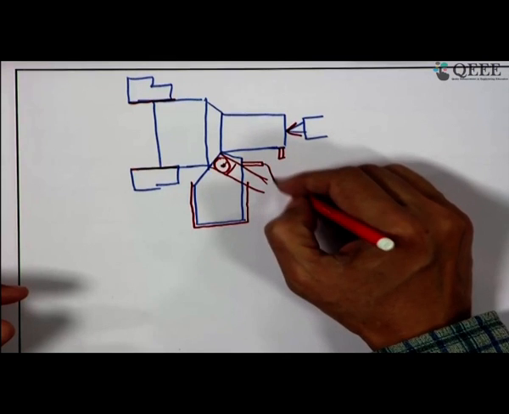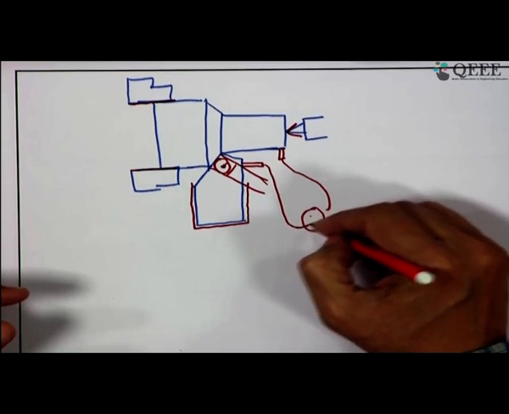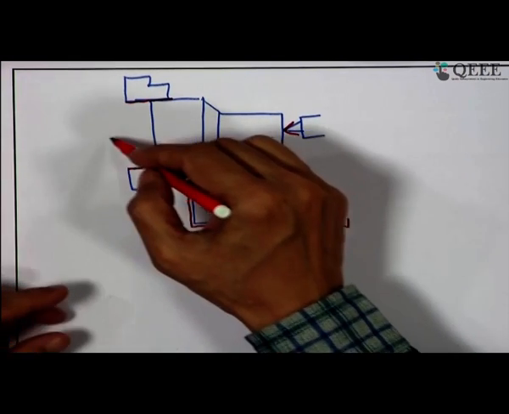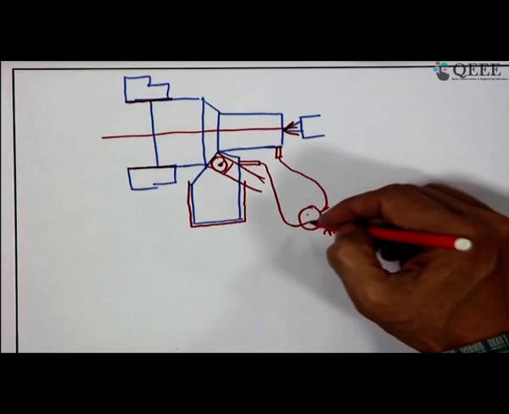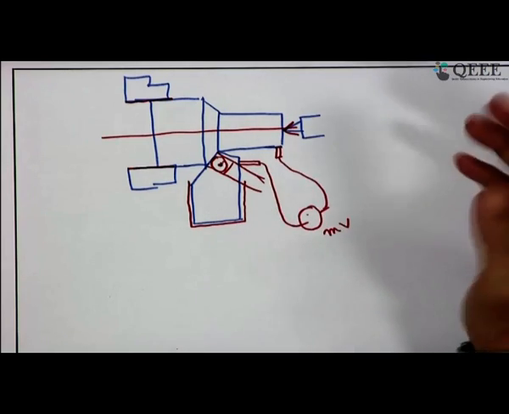So, this one and this one should be connected with a millivolt meter. As you start working, you get a millivolt reading here, and with that millivolt you can get an idea.